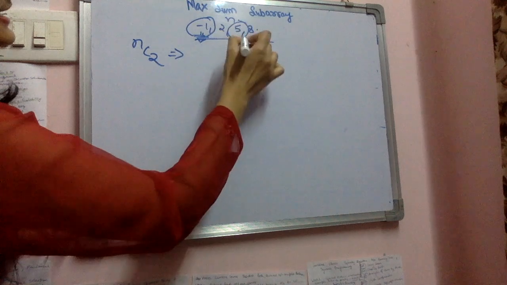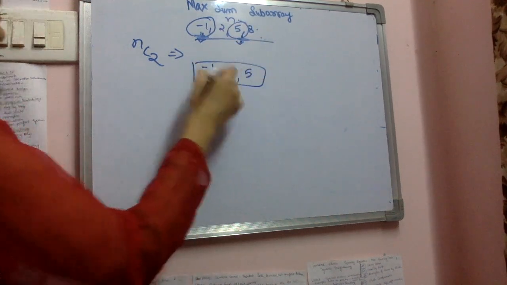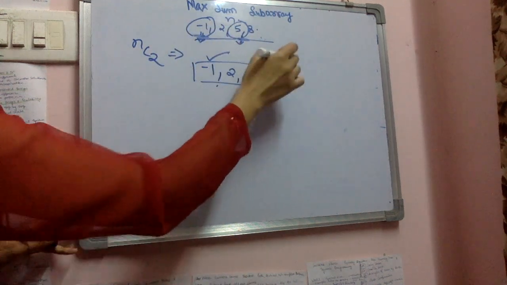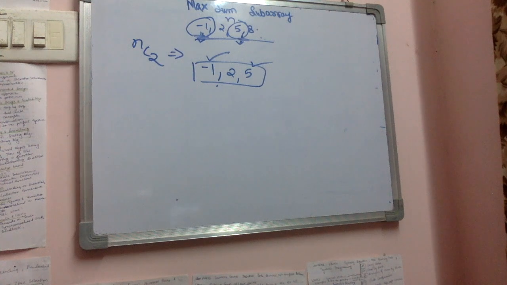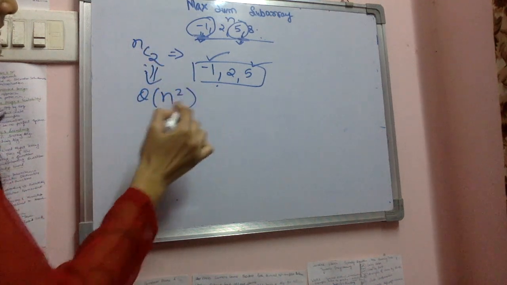So selecting these two elements means selecting this subarray. This way, selecting all the unique pairs of elements gives me the starting and ending points of my subarrays. So nC2 will be theta of n squared.